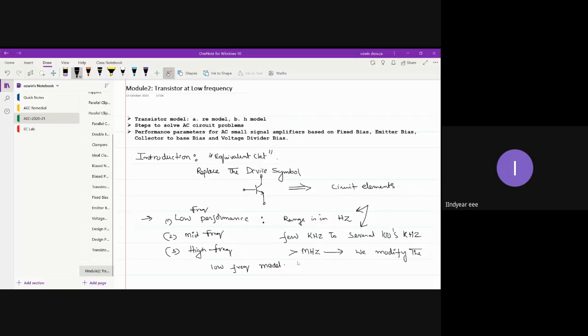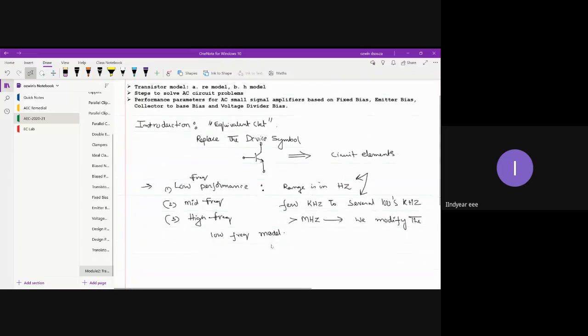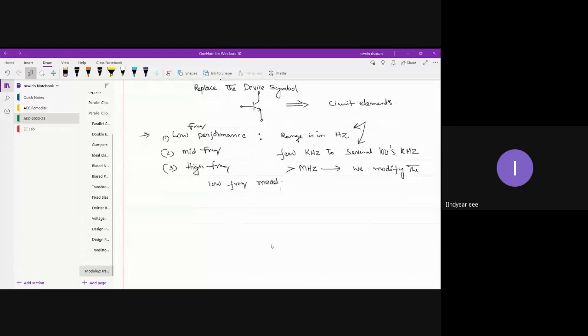Let's see how exactly we modify the low frequency model to suit the requirements of high frequencies. All right, fine then. That's about the equivalent circuit and the frequency spectrum.